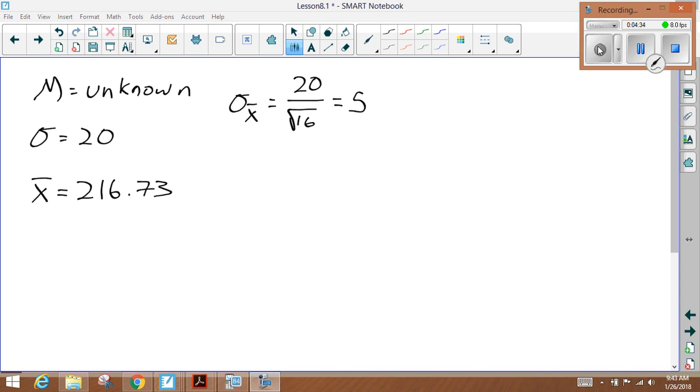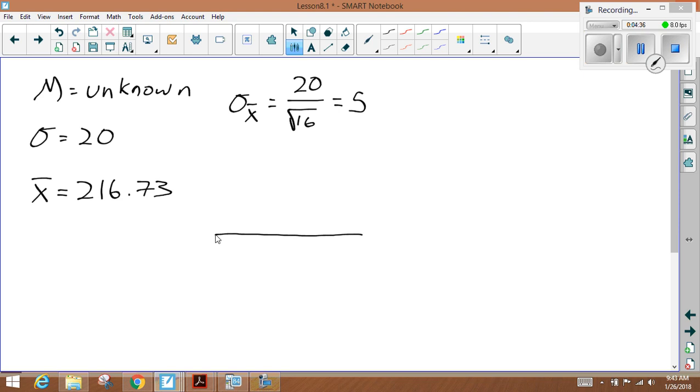Okay, so if that is the standard deviation of our sample, then I think that I could make an estimate where this is m plus 5, m minus 5. So I think that our true mean is somewhere in this interval, right? We've created an interval.